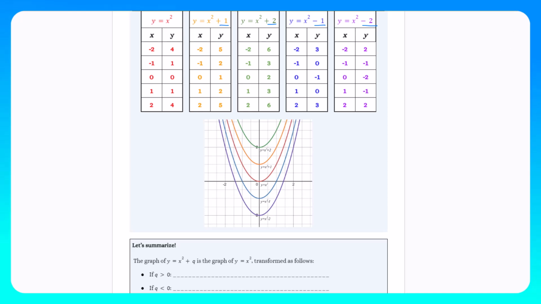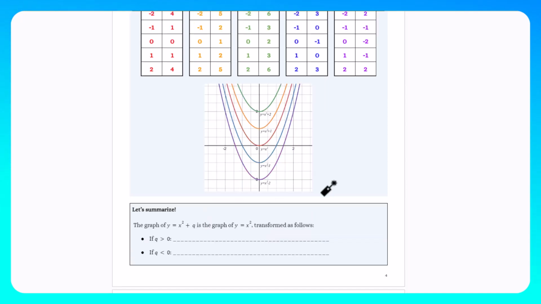We have that red y equals x squared in the middle. As we added 1 on the end, it's gone up. And as we added 2 on the end, it's gone up. But when we subtracted 1, it's gone down. And when we subtracted 2, it's gone down by 2. So notice that effect.